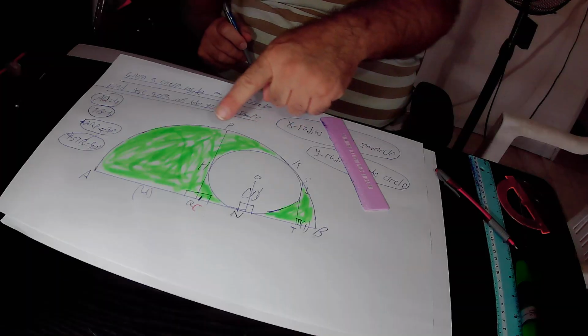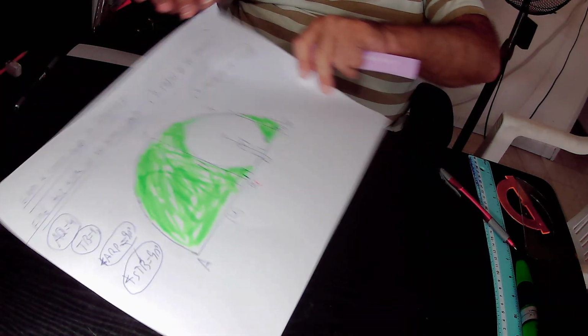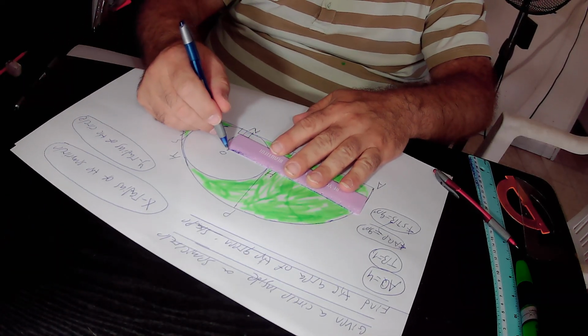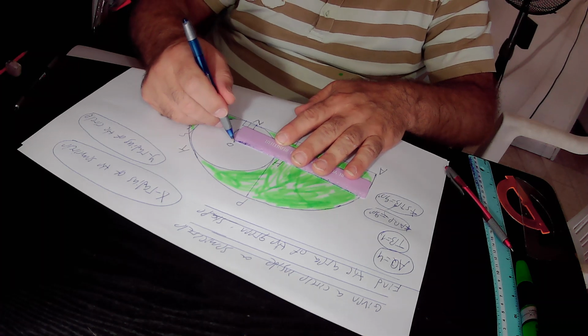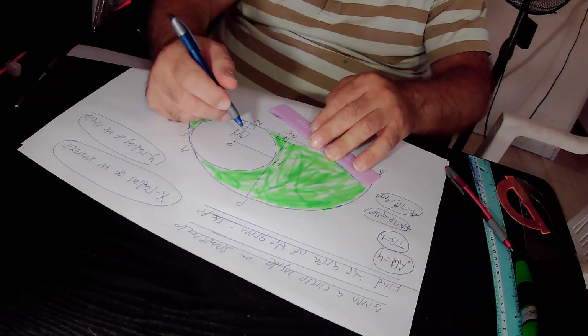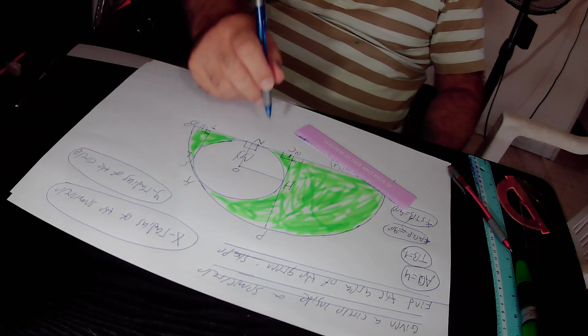We join points O and H together by straight line. OH is of course the radius of this circle that is equals to y.